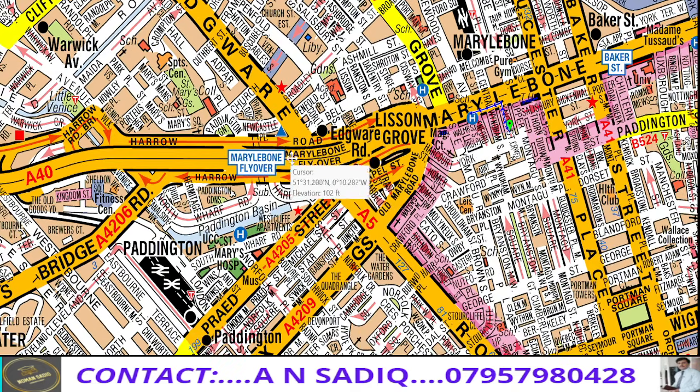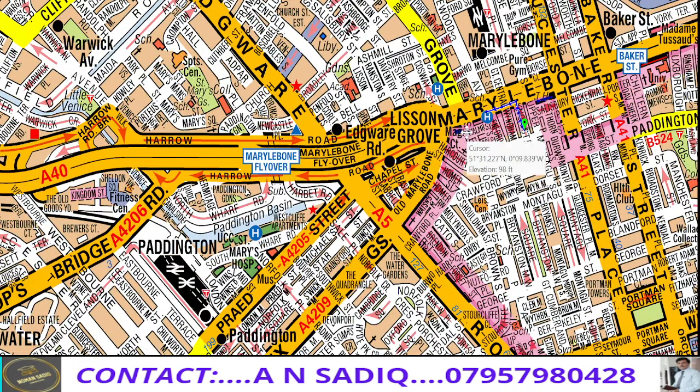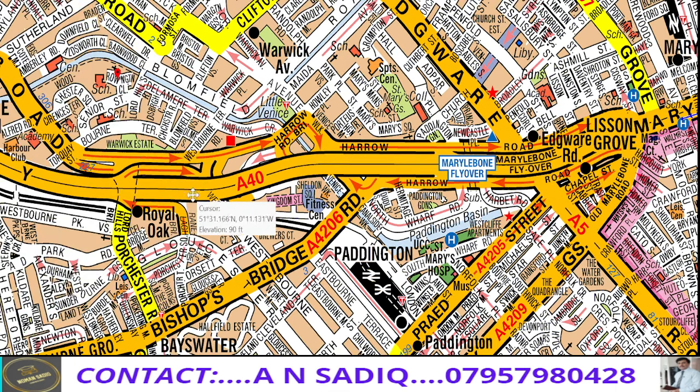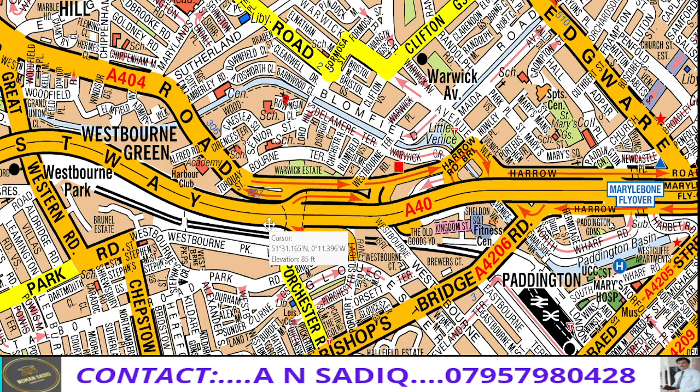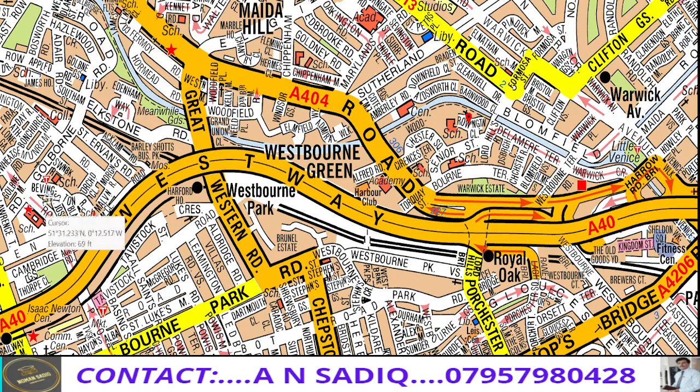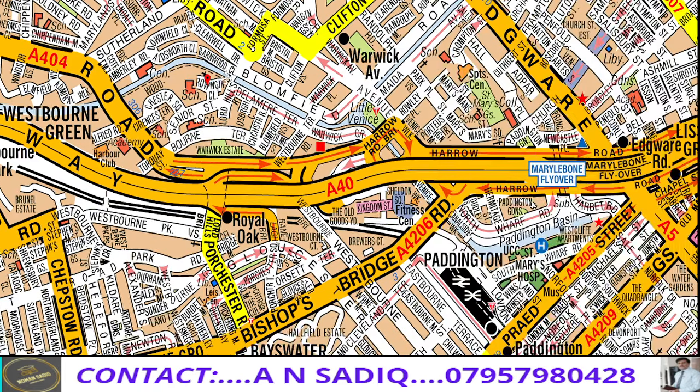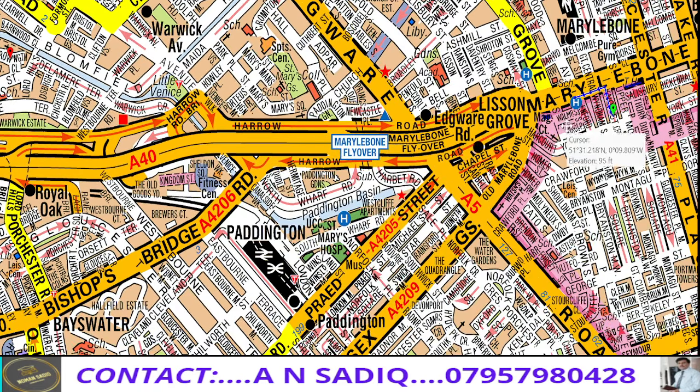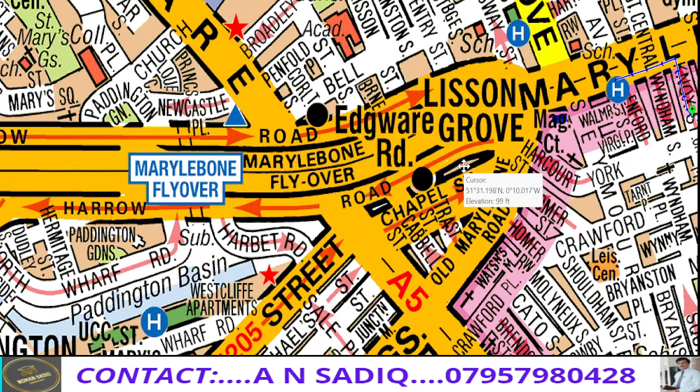So here this is a flyover, Melbourne flyover, and if you continue your route on the flyover, what will happen? You will go here and come, and there is no way to reach here. You will have to go a very long way, and then you will have to come back. So there is no point following this route. There is no point coming on this flyover.